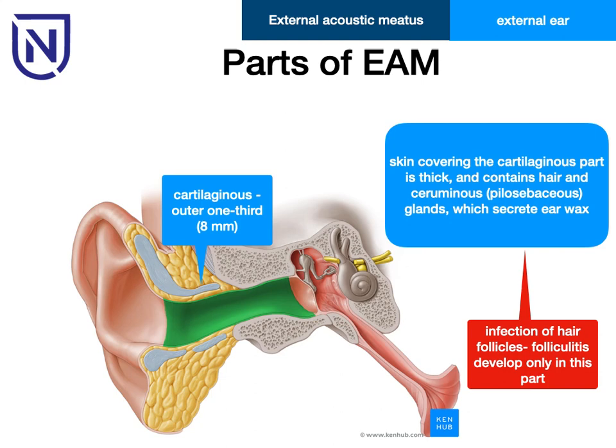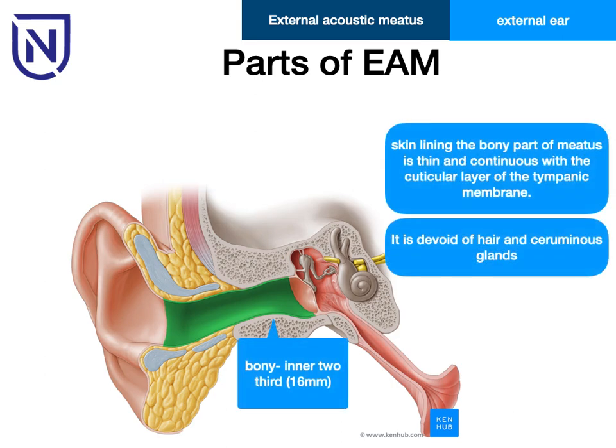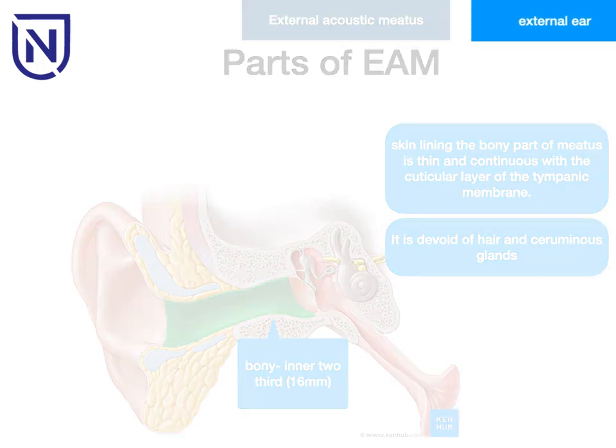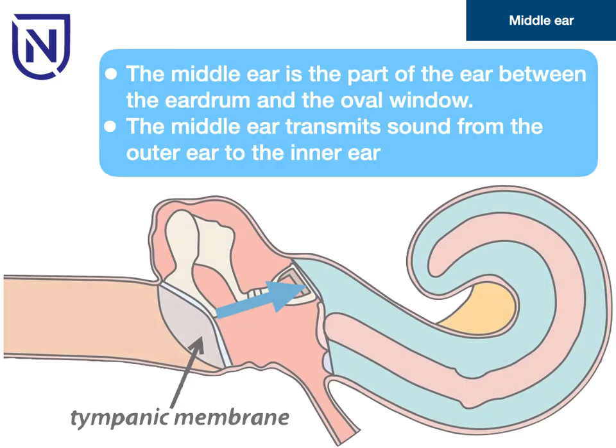Infection of the hair follicles leads to folliculitis, developed only in this part. Skin lining the bony part of the meatus is thin and continuous with the cuticular layer of the tympanic membrane. It is devoid of hair and ceruminous glands.